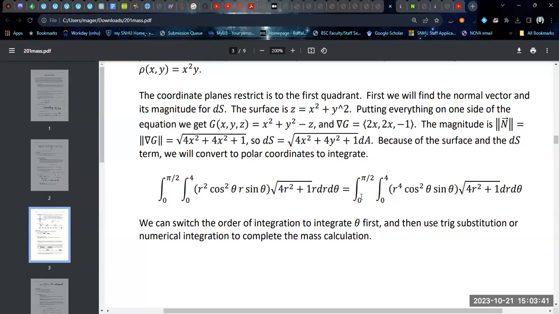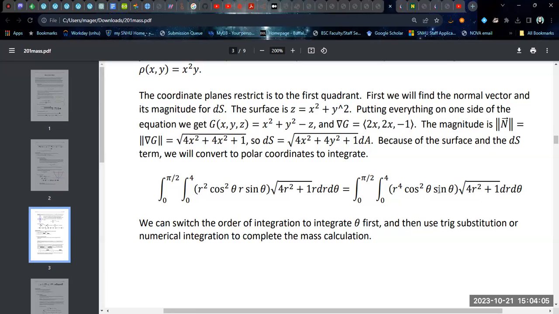Now we can switch the order of integration here since the theta and the r don't really interact with each other, and our limits of integration don't depend on each other. They're constants. So we can switch the order of integration and do the theta integration first.